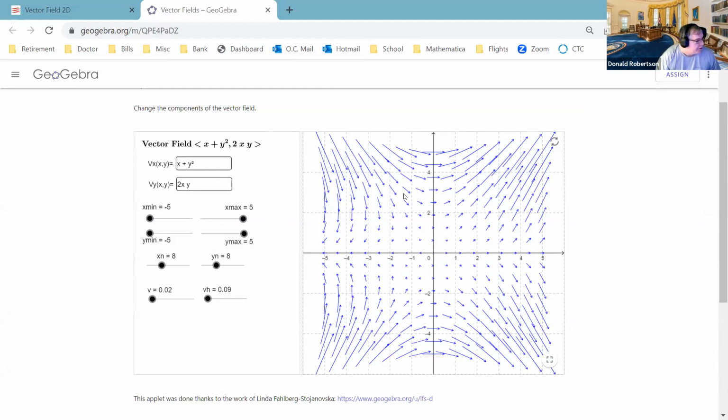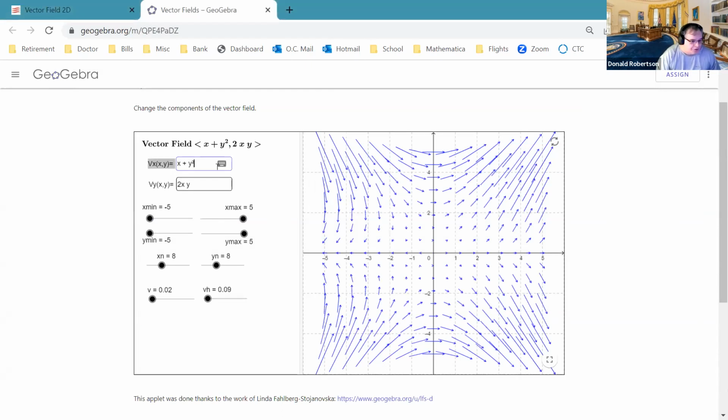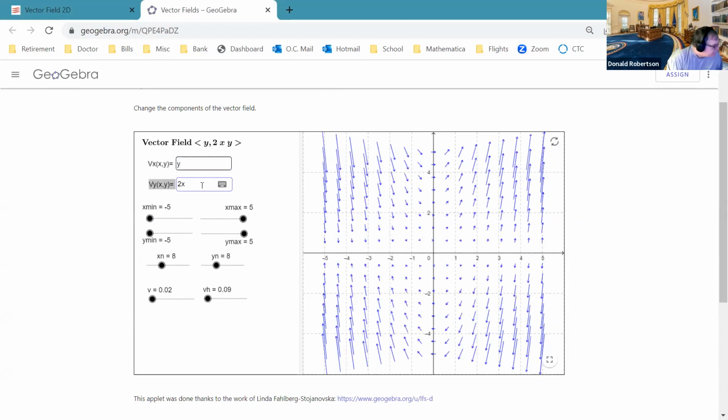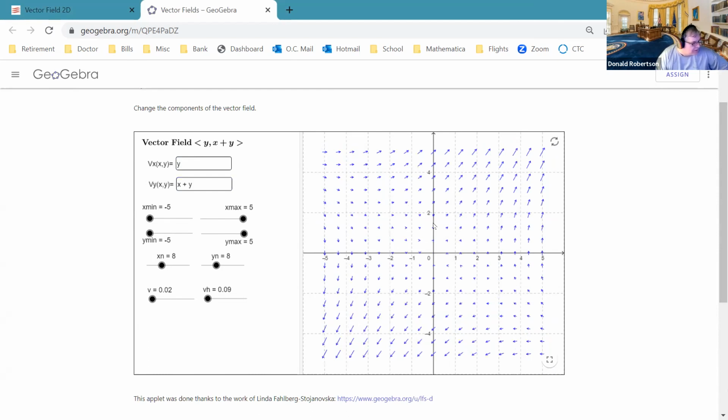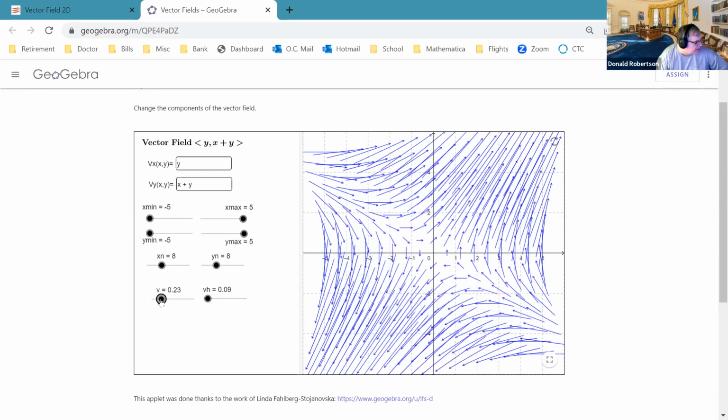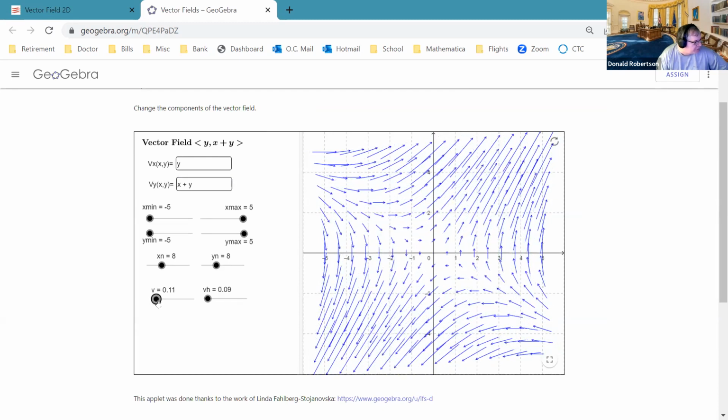In question 1, the vector field that they gave you is y goes there, and x plus y goes there. Now if you can't see much, you are allowed to move things around. I can, for instance, make the vectors longer just by adjusting this scale. That's probably good enough. Do you see that pattern?